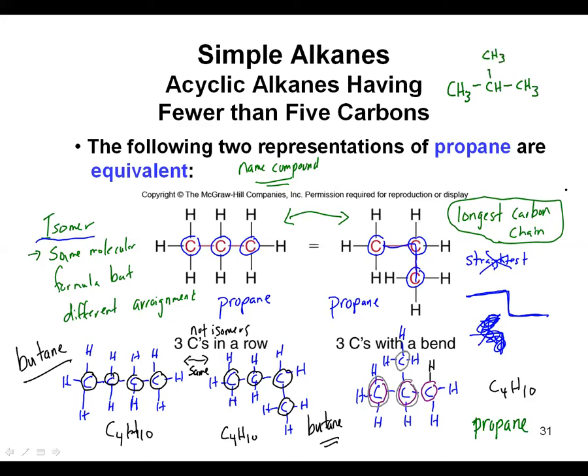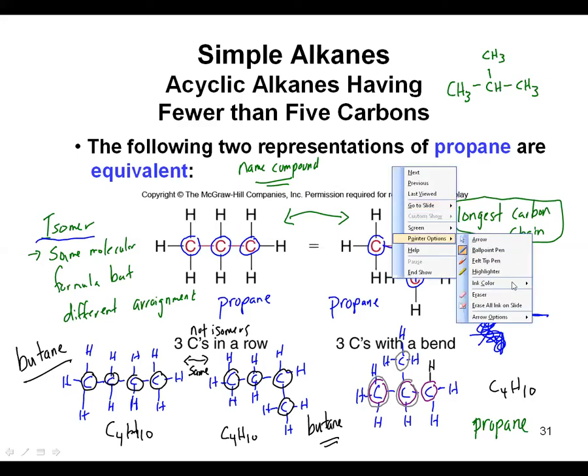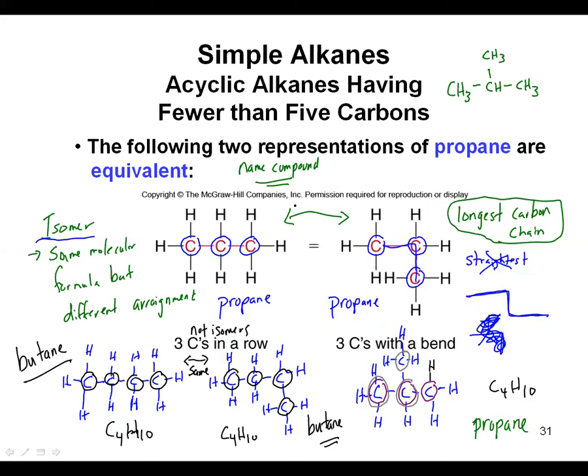So if we take the longest carbon chain, which is what you should always do when you go to name something, you want to find the longest carbon chain. In this case, we could get to the longest carbon chain 2 different ways, like we did on the bottom, actually 3, I guess. But I always find that it is best to take just the straightest.